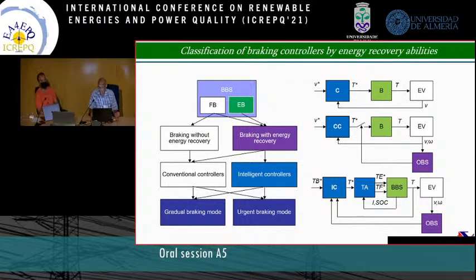But in practice, this is impossible because the electrical vehicle is a strongly non-linear system. This is why usual conventional control, CC, is not possible in real situations. In a real situation, we need to stop braking, continue braking, stop braking, continue braking, so our braking is interruptible in practice.